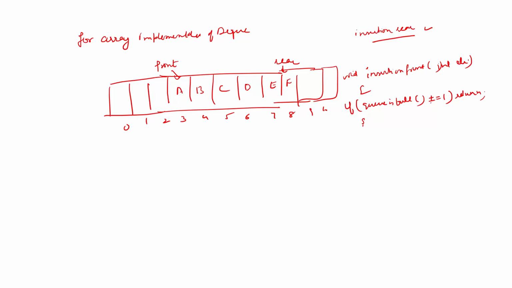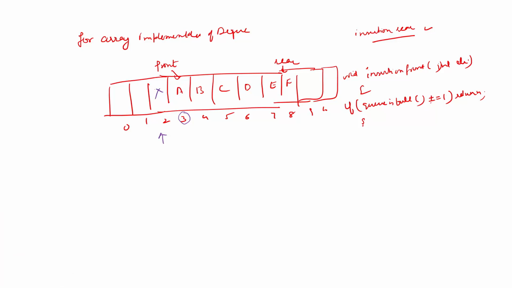Let us suppose I want to insert the element x at the front. The general notation says if you want to insert a new element at the front, you have to decrement the value of front. Earlier front was this one, so front will become equal to front minus 1. This is the general perception when you are doing insertion.